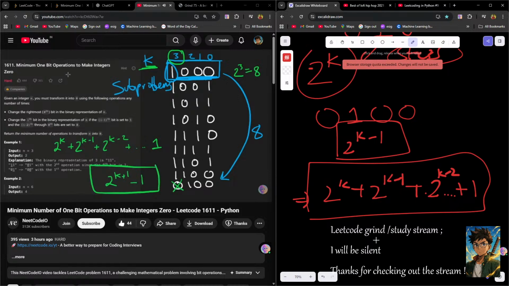The reason for that is because I'm pretty familiar with binary trees. You look at a binary tree like this, you have one node.